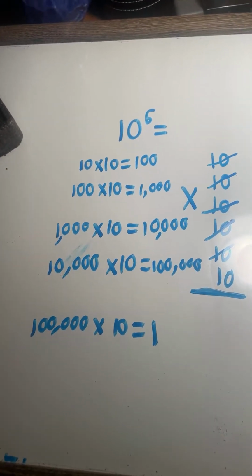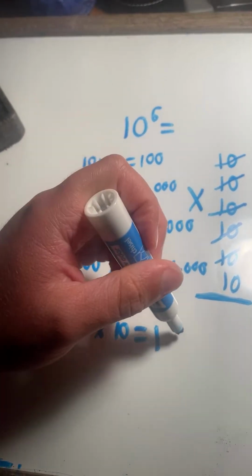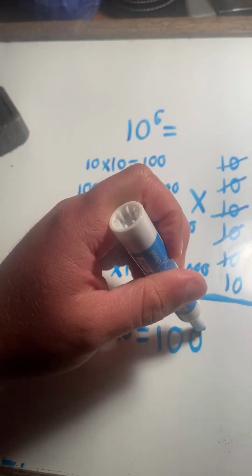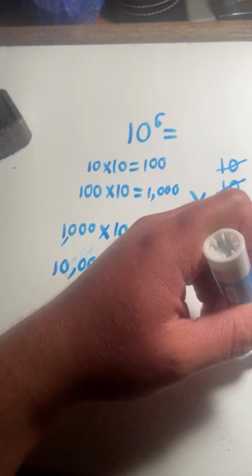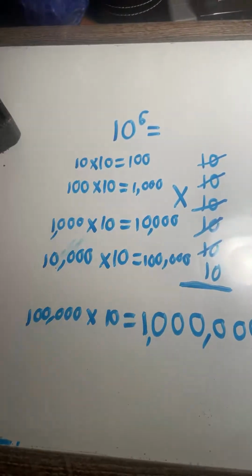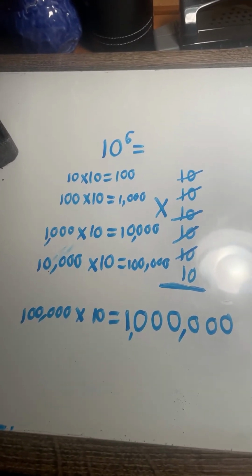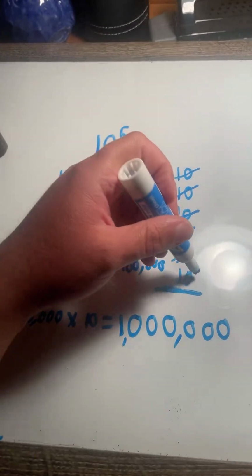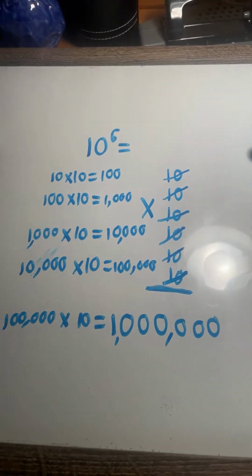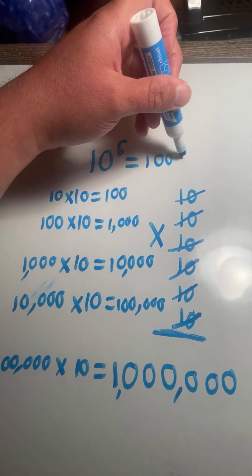We have 6 zeros in the number sentence before we get to the equal sign, so we're going to add 6 zeros to our answer. So we've just multiplied 10 6 times. 10 to the 6th power equals 1 million.